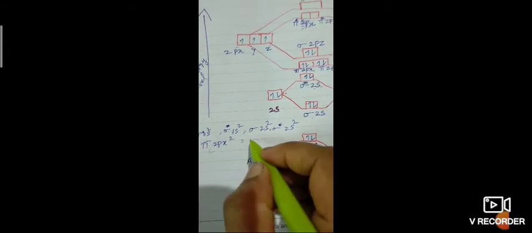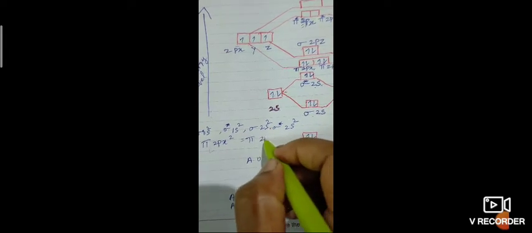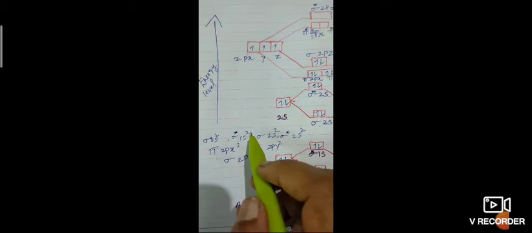Sigma 1s2, sigma star 1s2, sigma 2s2, sigma star 2s2, then pi 2px and pi 2py, and the next 2 electrons will go to sigma 2pz.